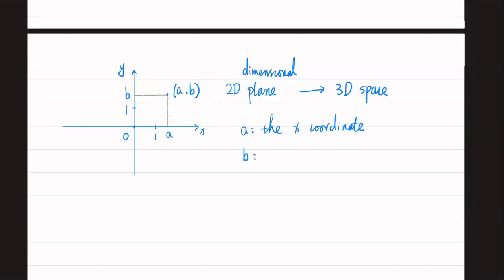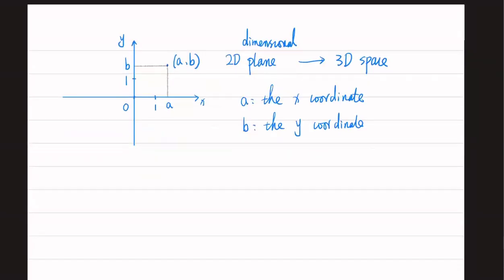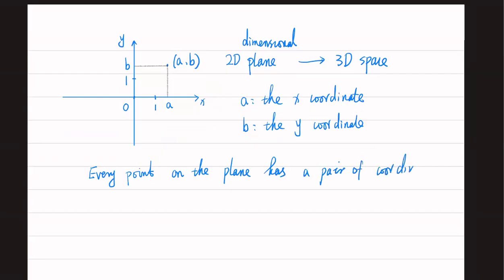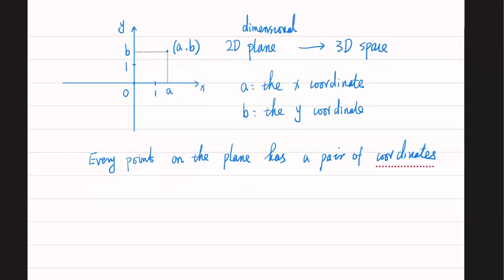The second number, the y coordinate. Every point on the plane has coordinates, and the other way is also true.